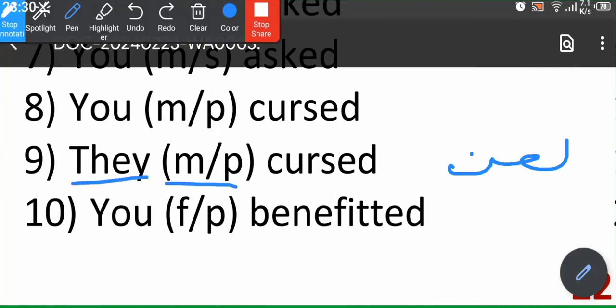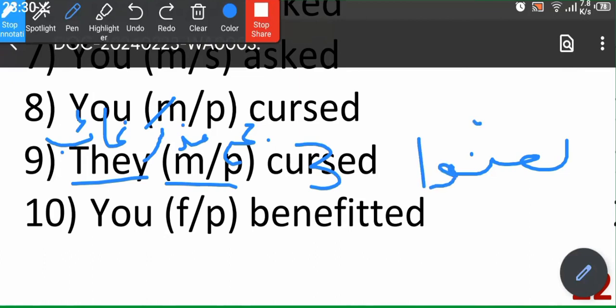They, male plurals, right? So this is jama, muzakkar, ghaib. So figure number 3 will apply here: la'ana, la'ana, la'anu. Once you do it in your notebook, inshallah, it's very easy. It's not such a big deal. Inshallah, don't worry about it.